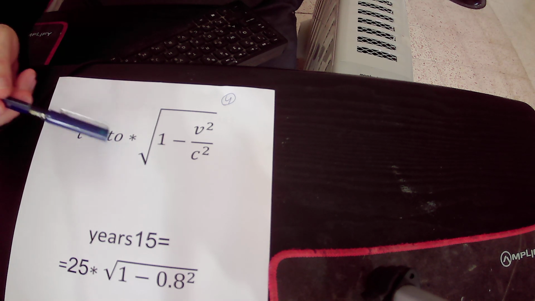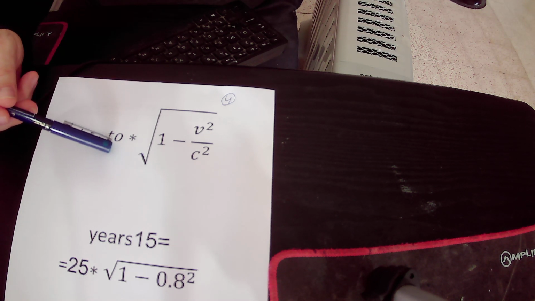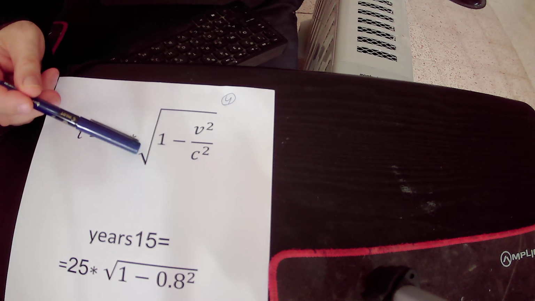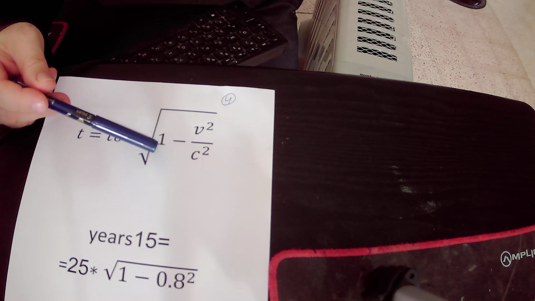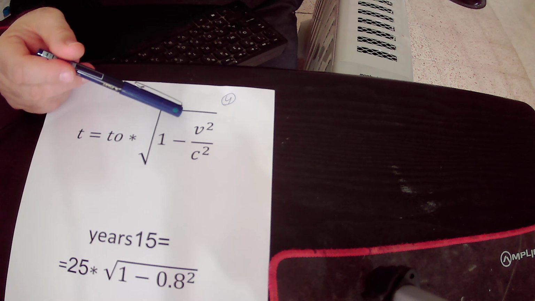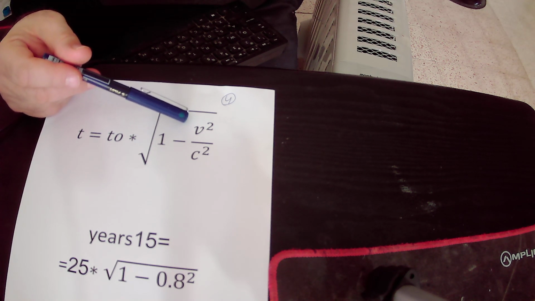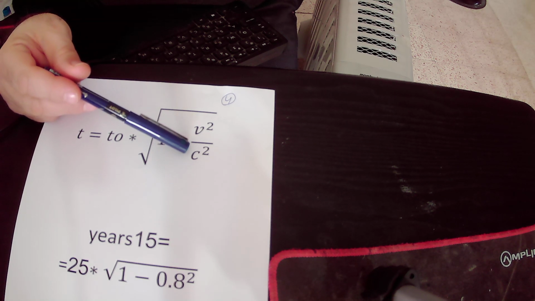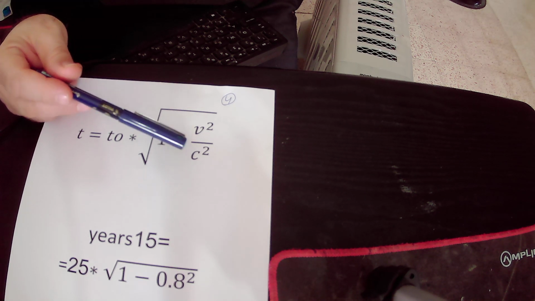And T naught is the time that has passed on Earth during the journey. We multiply it by the root of 1 minus the velocity of the one that is moving in space at very high speed, squared, divided by the speed of light squared.